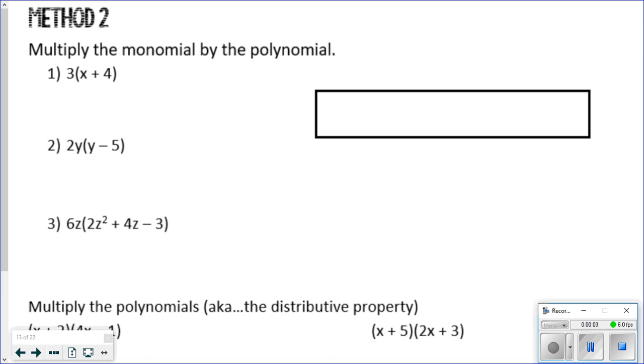Find wherever you took notes previously. We're going to start right in the note sheet and then we'll go back to the book. So method 2 is called the distributive property.